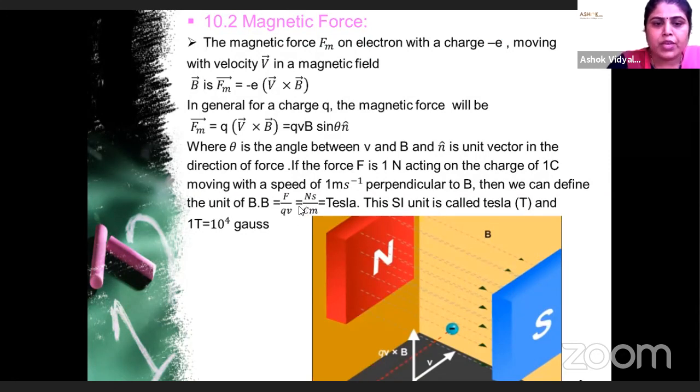Therefore, finally we get the magnetic field unit as newton second per coulomb meter. This unit is called the Tesla, the SI unit, T, which is equal to 10 raised to 4 Gauss.